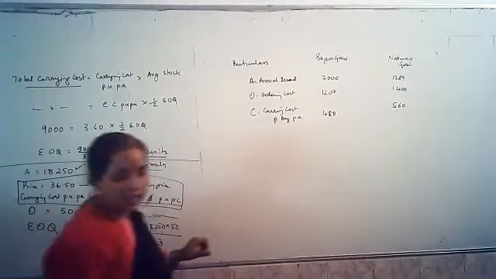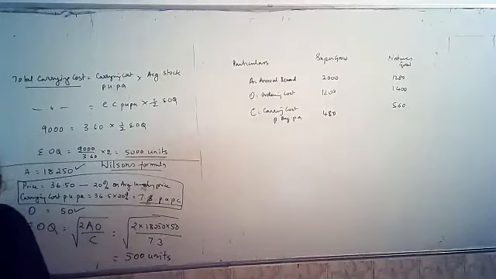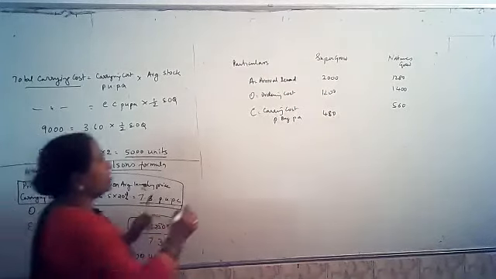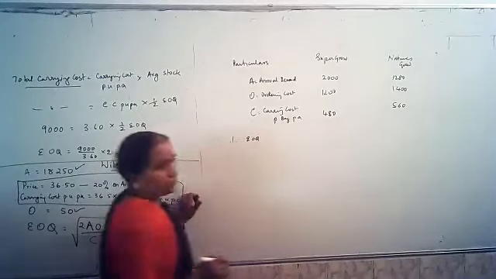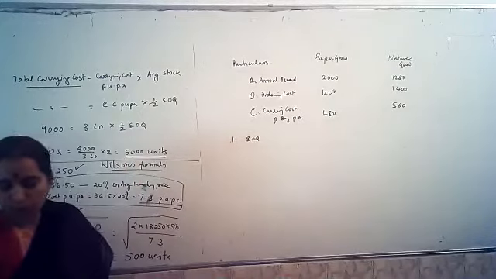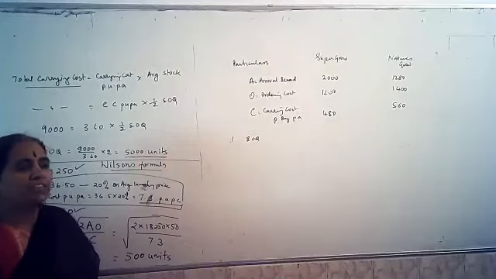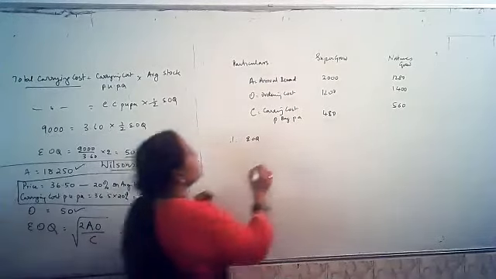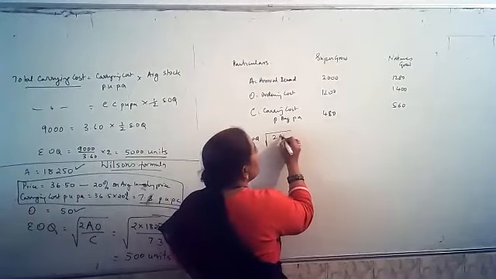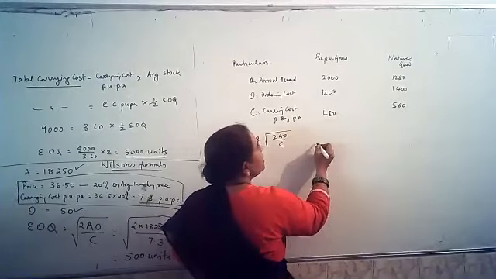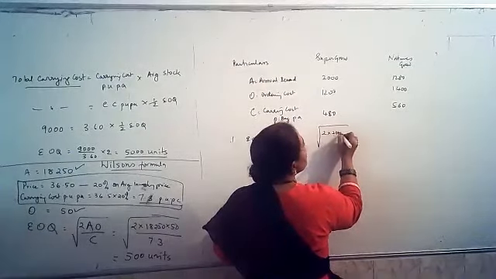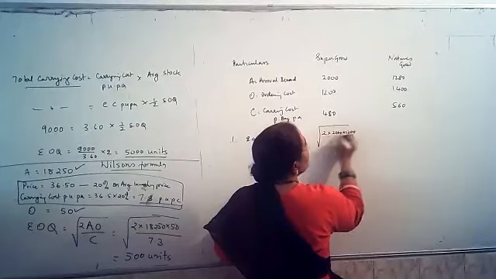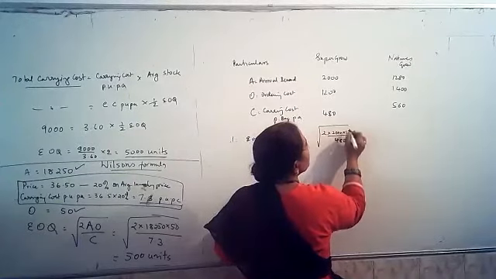Next, let's see. Compute EOQ for Super Grow and Nature's Grow. First one, EOQ they are asking for. How do you calculate the EOQ? Root of 2AO divided by C. So the equation is root of 2AO divided by C. Here, root of 2 into 2000 multiplied by 1200 divided by 480.